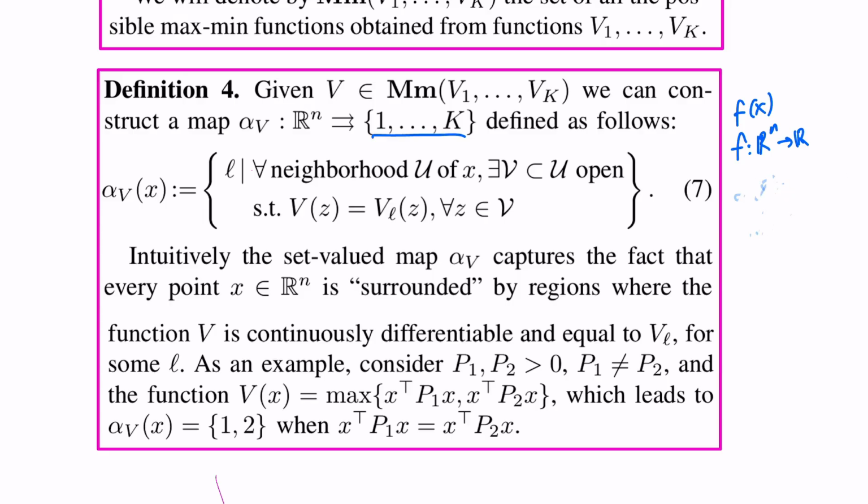Which shouldn't surprise you, because for any given x, with the type of functions that we're looking at, we can have more than one function to think about. Okay, let's put it that way and continue. So this is the definition. Okay, let's look at this alpha V function.